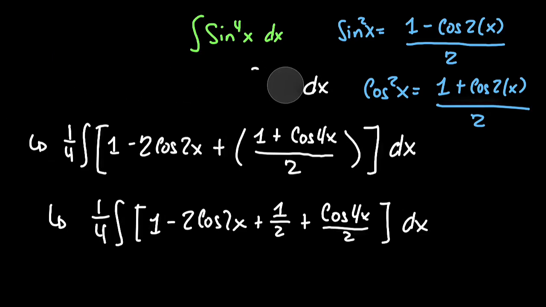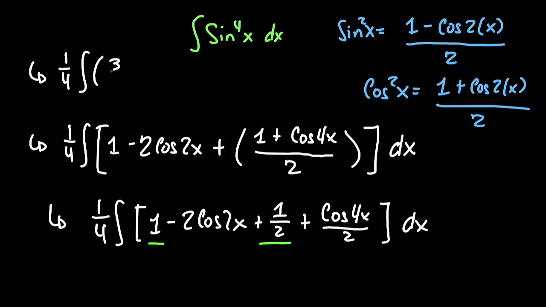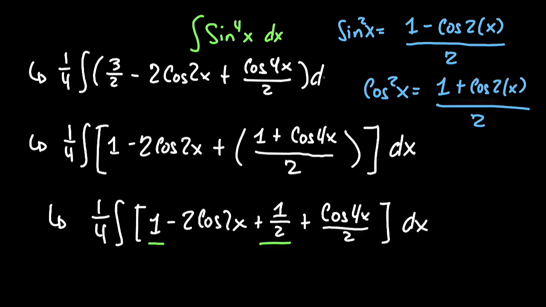The reason that we had split this apart is because we would want to combine 1/2 and 1 in here. 1/2 plus 1 would be equal to 3/2. And copy the rest, which is 2 cosine of 2x plus cosine of 4x divided by 2 of dx.